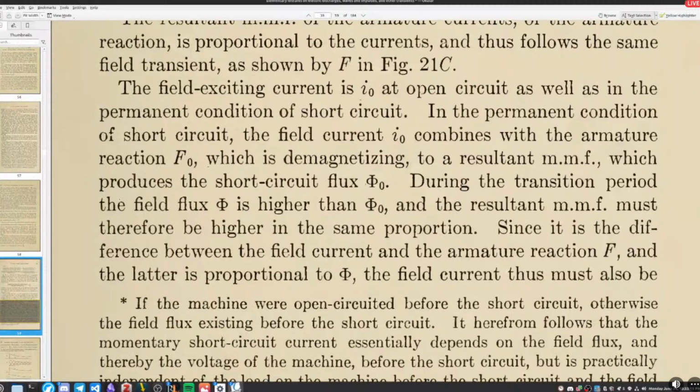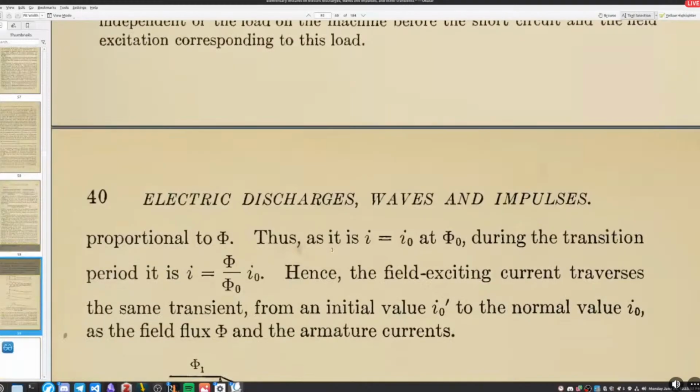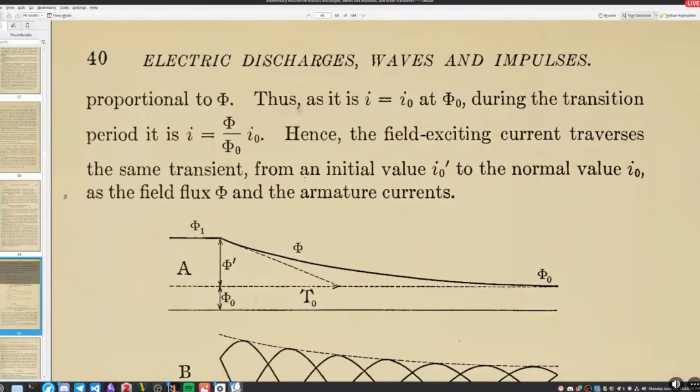During the transition period, the field flux phi is higher than phi 0, and the resultant MMF must therefore be higher in the same proportion. Since it is the difference between the field current and the armature reaction F, and the latter is proportional to phi, the field current must also be proportional to phi. Thus, in the permanent state, I equals I0 at phi 0. During the transition period, it is I equals phi over phi 0 times I0.